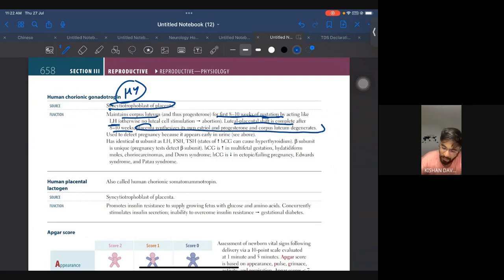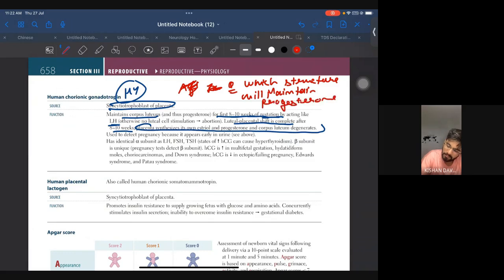Okay. So now here the question arises: which structure will maintain progesterone levels after fertilization?